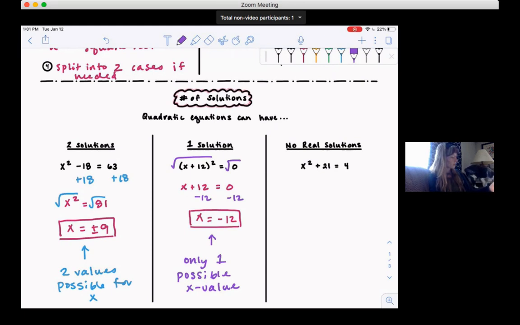Okay, so when does this happen? x squared plus 21 equals 4. We would solve this like normal, so we're getting x squared by itself. We would subtract 21 from both sides, and we would end up with x squared equal to 4 minus 21 is minus 17. All right, but this is a problem.